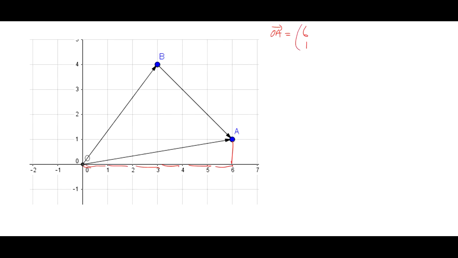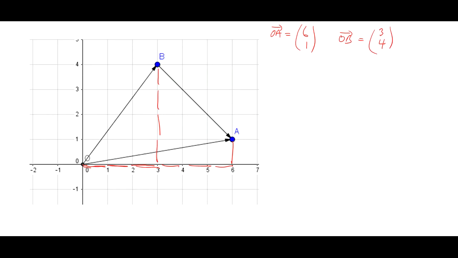So OA written as a column vector is 6, 1. Let's write OB. OB written as a column vector will be, we go 1, 2, 3 across. So it's 3. We're going to go 1, 2, 3, 4 up. So it's going to be 3, 4, right?